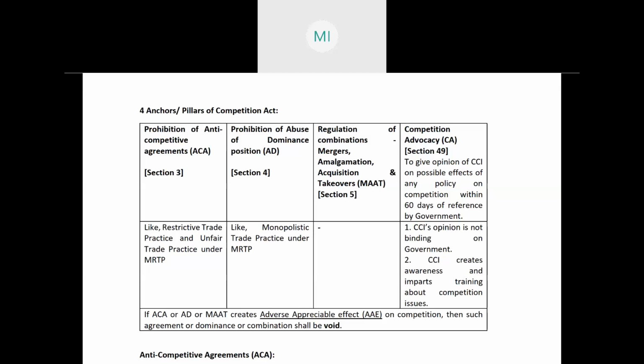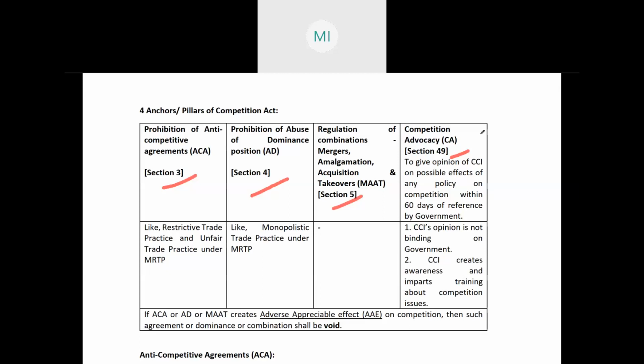So read it. Now here we are dealing with four sections: Section 3, Section 4, Section 5, Section 49. In exams, remembering sections is not important, but in the Competition Act, there are very few sections to be remembered, out of which these are the important sections: Section 3, Section 4, Section 5.